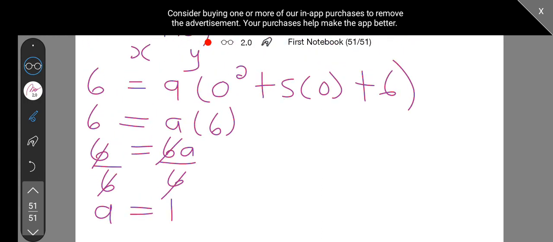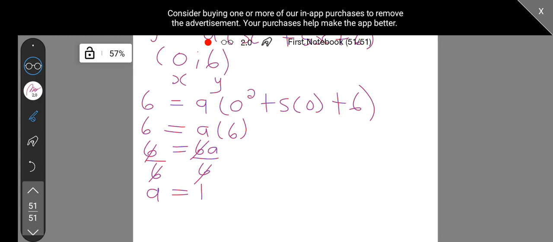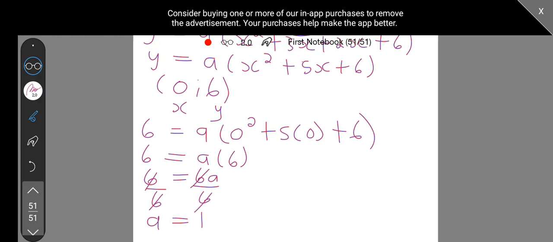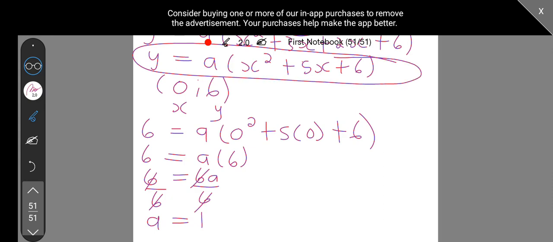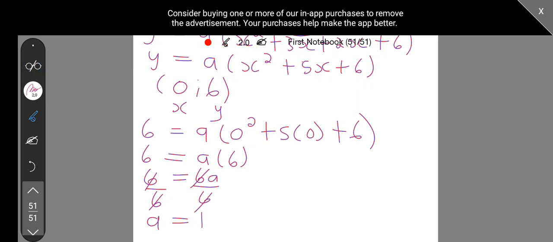So we're going to go back to the formula and plug in the value of a to get the final equation. We're going to say that y is equal to 1 multiplied by (x squared plus 5x plus 6).